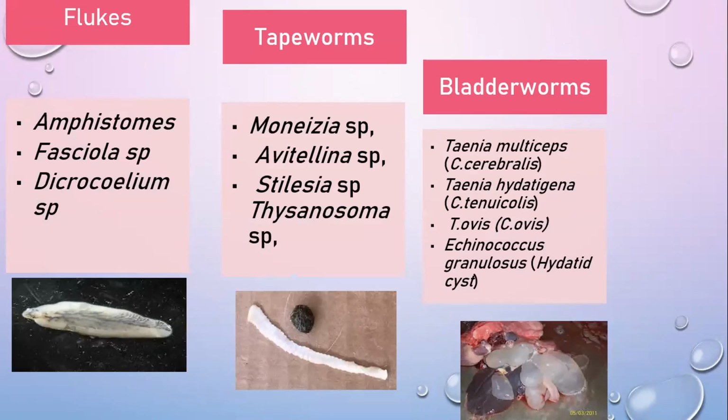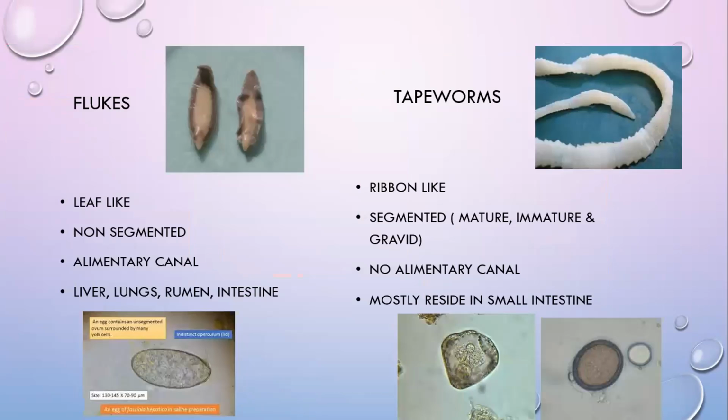Now, before going into the details about these flukes and tapeworms, let us first know the basic difference between them. Though both of them belong to the phylum Platyhelminthes, they are both flatworms, they are quite different in their morphology as well as their egg structure.